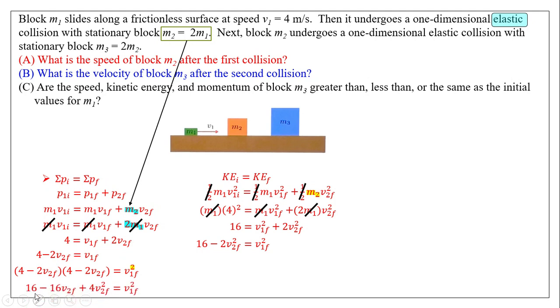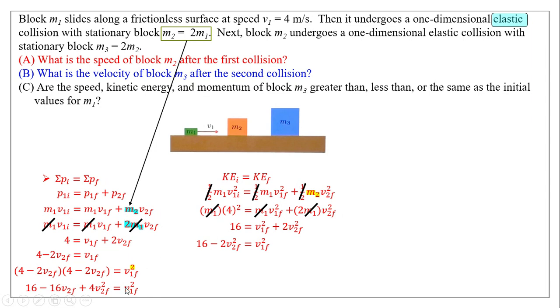All right, so here's the 16, because 4 times 4 is 16. As I said earlier, 4 times negative 2 V2F will give you a negative 8 V2F, but then there are two identical terms, so that'll be negative 16 V2F, and then a negative 2 times a negative 2 will give you a positive 4, and V2F times V2F will give you V2F squared, and that equals V1F squared.